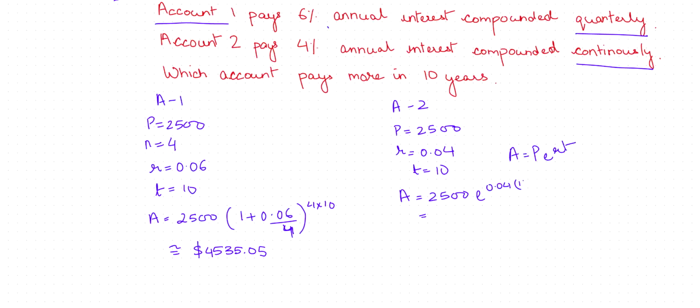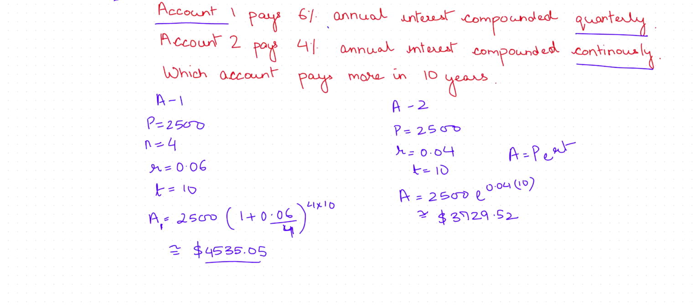This gives around 3729.56. So we can see that account 1 gives 4535, which is a greater amount than account 2.